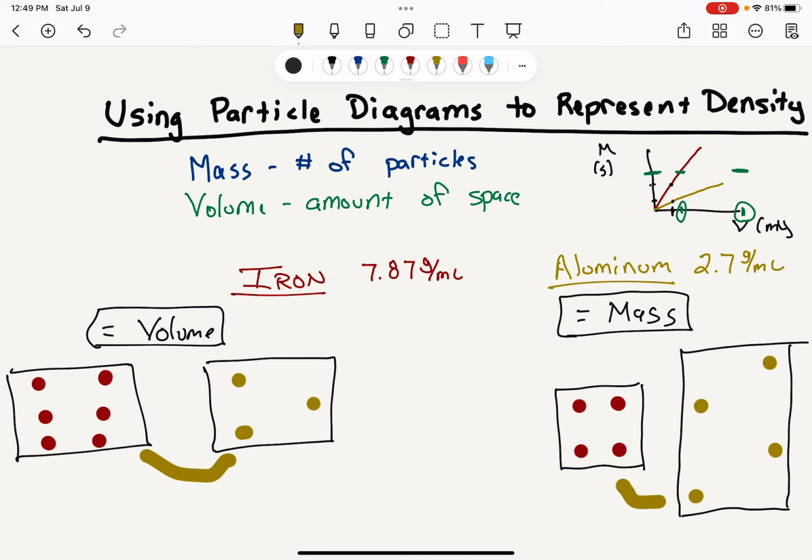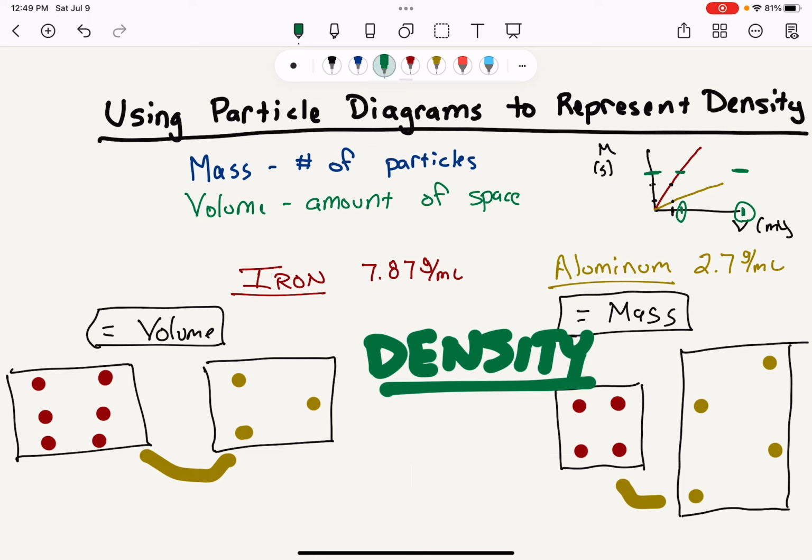Now, this leads to something very important, and that is, what is density on particle diagrams? Density can be defined on particle diagrams. I'm going to write it nice and big. Density is the amount of spacing between particles.